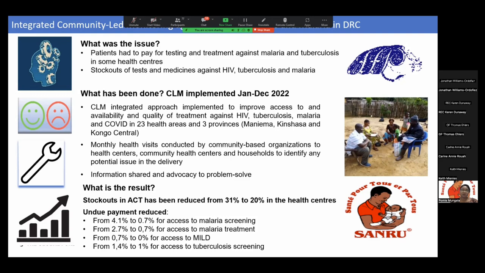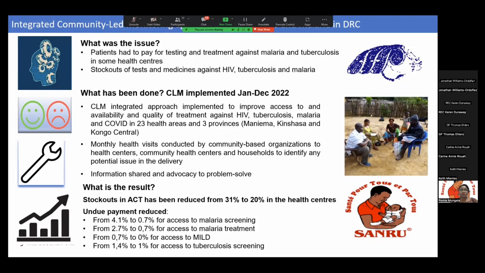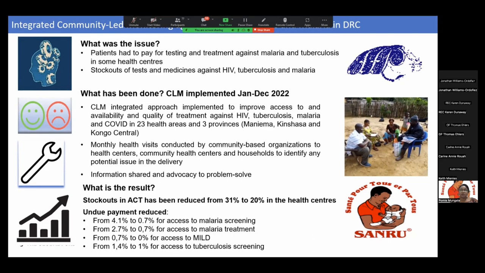In Maniema, we work in 10 health zones, and we work with community organizations. From July to December 2021, we took time to train those organizations, reinforce their capacity, develop integrated modules, and we do the monitoring for the 3 diseases, malaria, TB, and HIV.